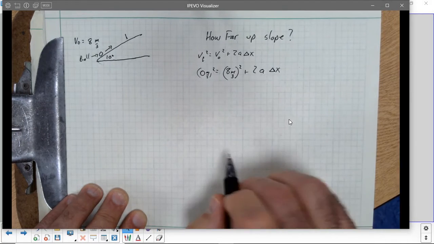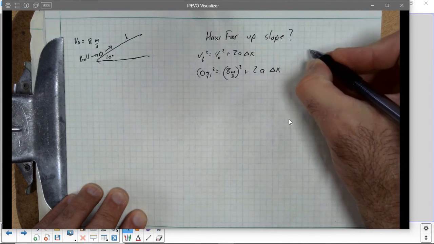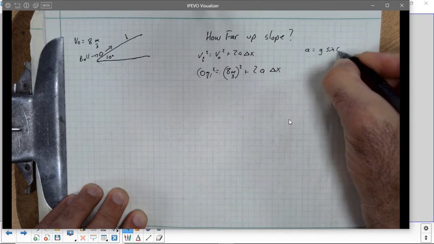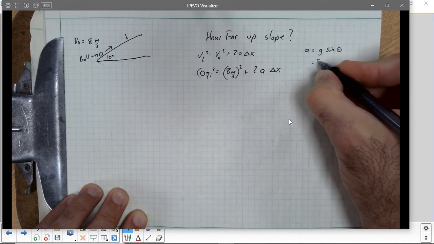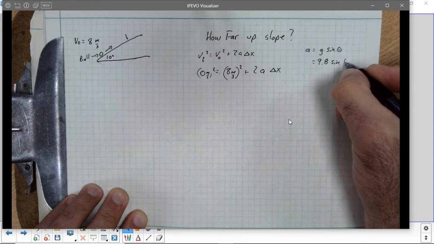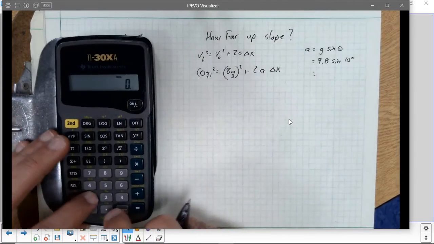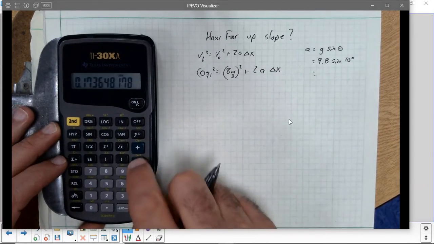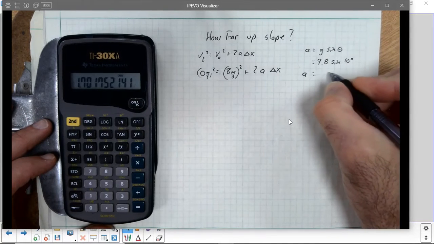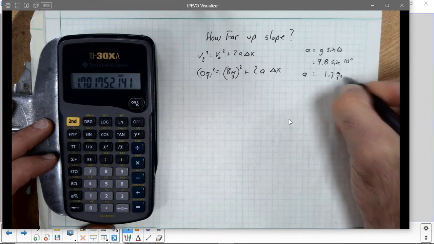So that means we need to find A. Now to find A, we're going to use the equation that we just used. Acceleration is equal to G sine theta, which is equal to 9.8 times the sine of 10 degrees. Put that here, 10 degrees, take the sine of it, multiply that by 9.8 equals, so A is equal to 1.7 meters per second squared.